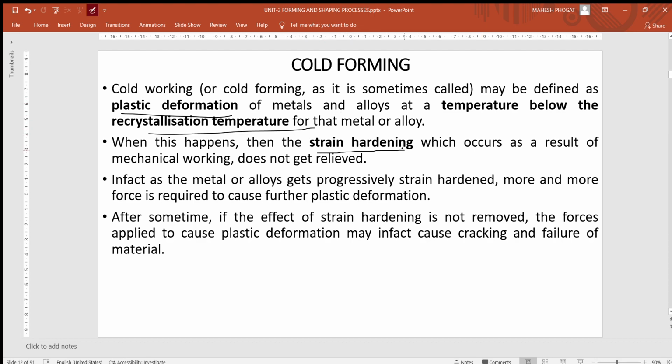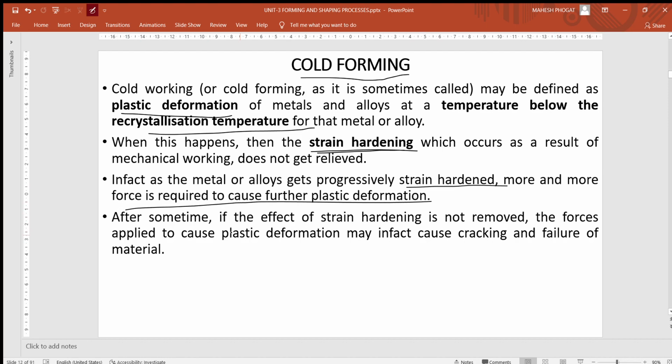And here is where strain hardening happens. When we were discussing the definition of strain hardening, I told you that it is also called cold hardening or cold working. Here the strength of the material is improved. Once strain hardening takes place, more and more force is required to cause plastic deformation.